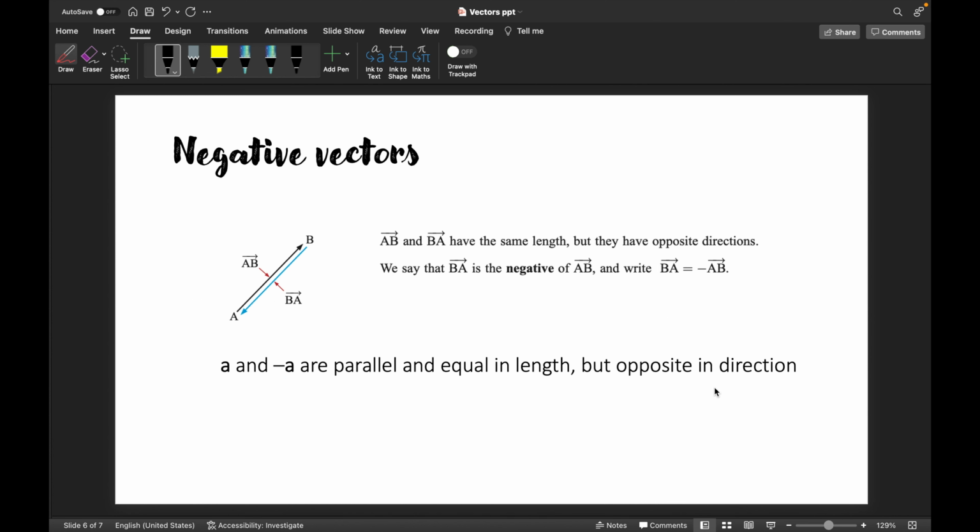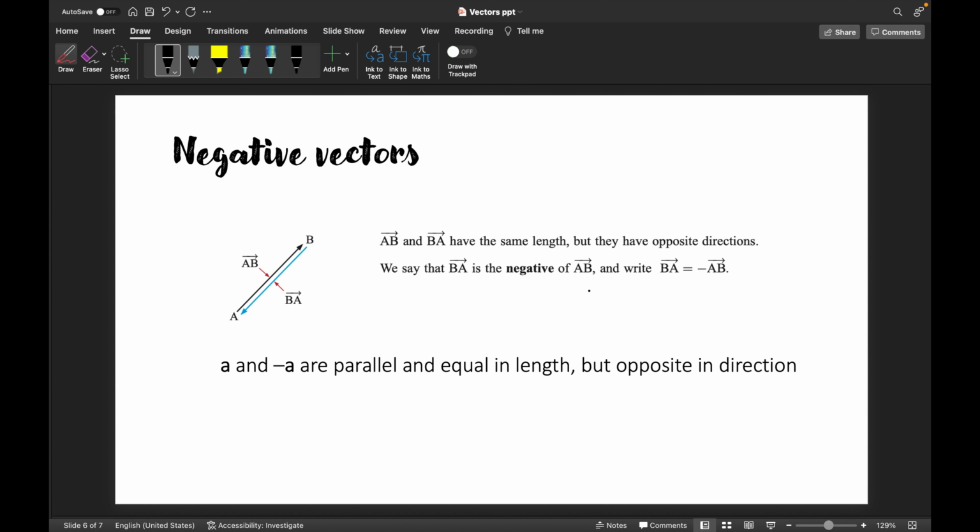Okay, it's right here. It's negative vectors, right? So vector AB and vector BA have the same length, but they have opposite directions. We say that BA is the negative of AB. So therefore, we write this. When we break this down, you'll understand why it is that way. You may not understand this right now, but you'll understand why when we do the subtraction and addition of vectors.